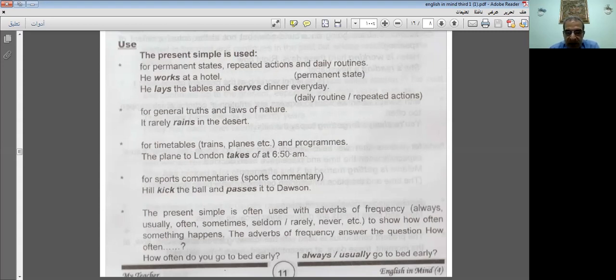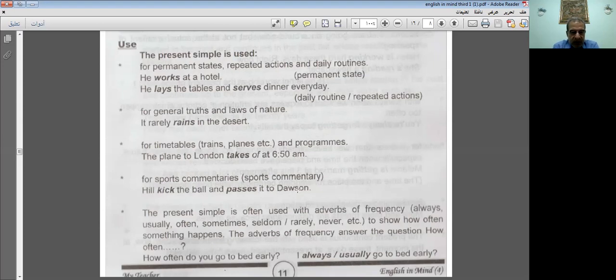Okay, for sports commentary, here we have commentary: he kicks the ball and passes it to Dawson.